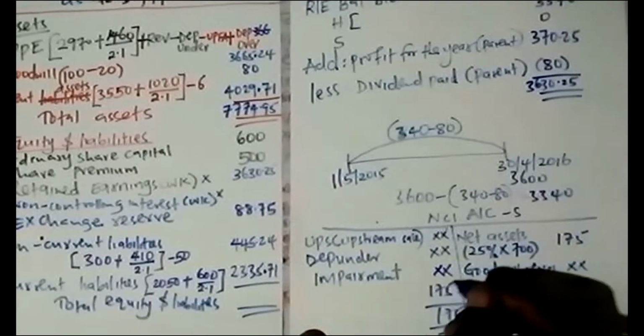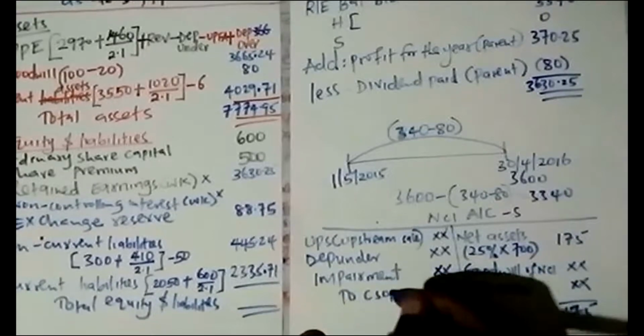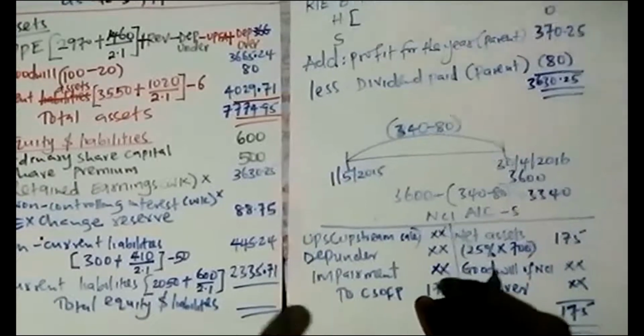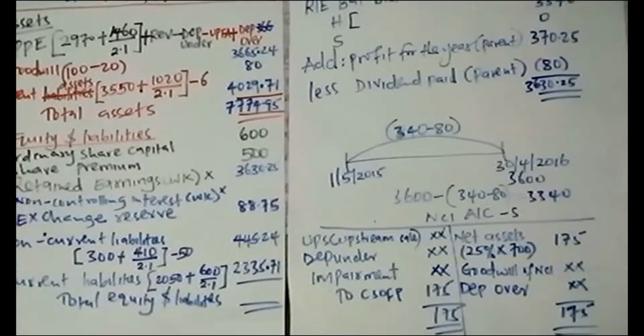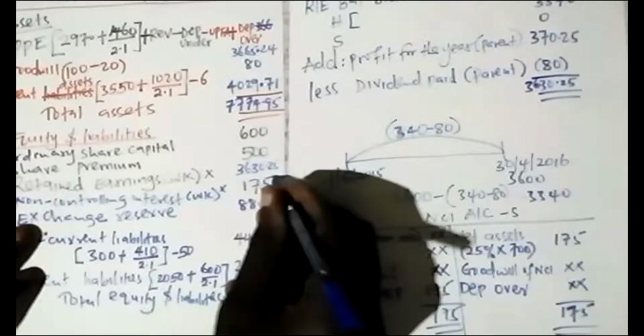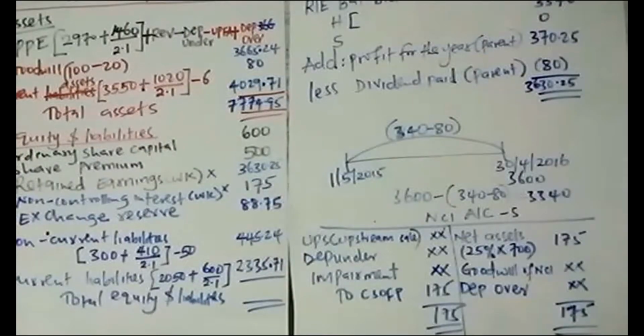So this 175 goes to the consolidated statement of financial position, which means I would fix 175 here. In order to check if it's balancing, I take 600 plus 500 plus 3630.25, 175, plus 88.75, plus 445.24, plus 2335.71.